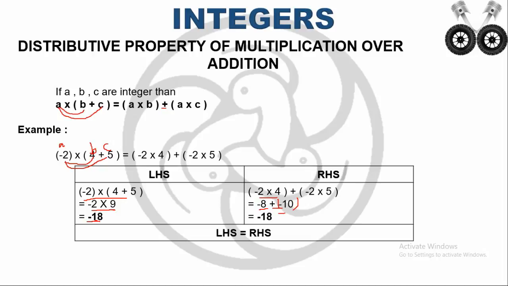Minus 8 minus 10. So these two integers are having the same sign, that means I have to add. So 10 plus 8 is 18. The biggest number is 10. Sign for the 10 is a negative sign. So the answer is minus 18. So both the LHS and RHS are having minus 18 as the answer. Therefore LHS equal to RHS.